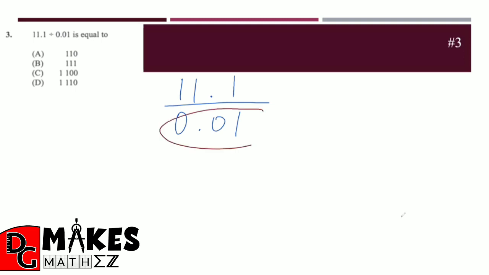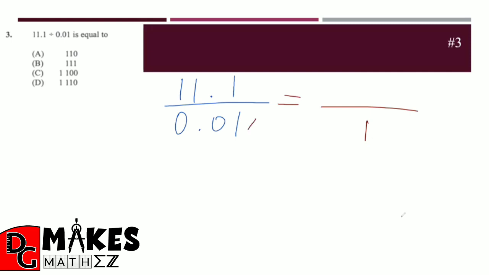So this 0.01 here, we need it to become a whole number. We notice there are 2 decimal places, and we need to get rid of them totally so that this can actually look like just 1. How can we turn 0.01 into a whole number by multiplication?